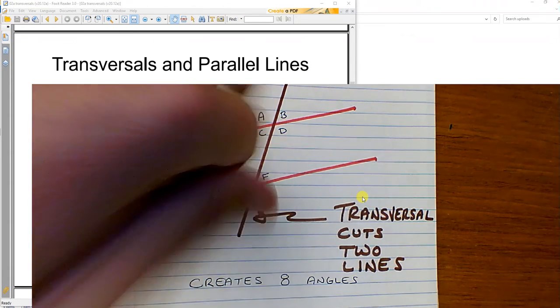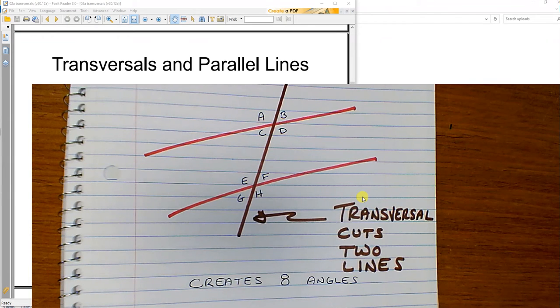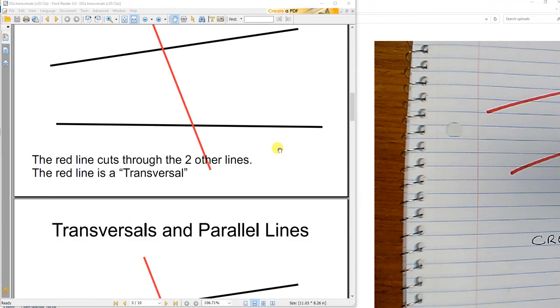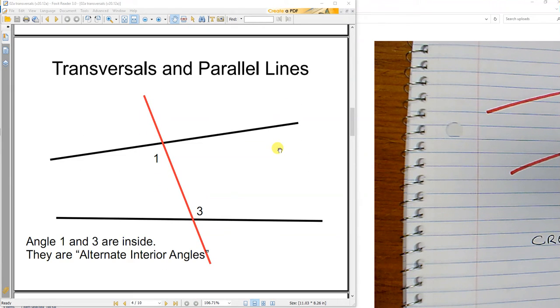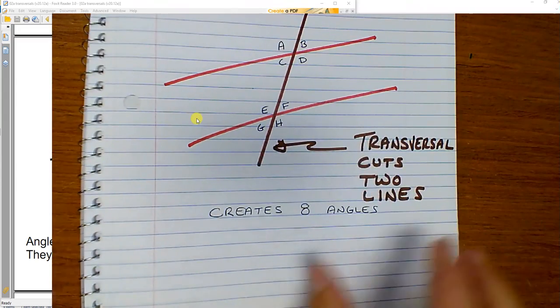Now, if the two lines are parallel, we have a whole bunch of congruent angles that are getting created. So a transversal cuts two lines and creates 8 angles. Let's go through the types of angles that are created. Now, I'm going to assume that everything I cut today are parallel.